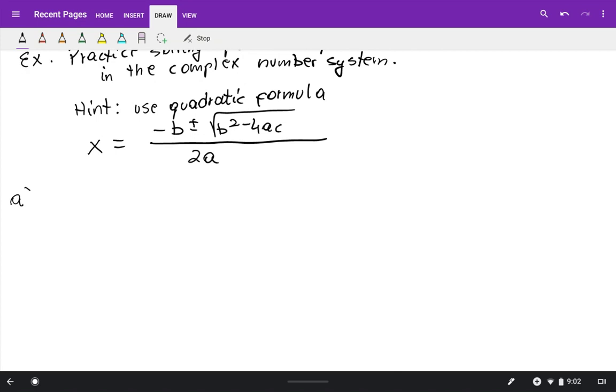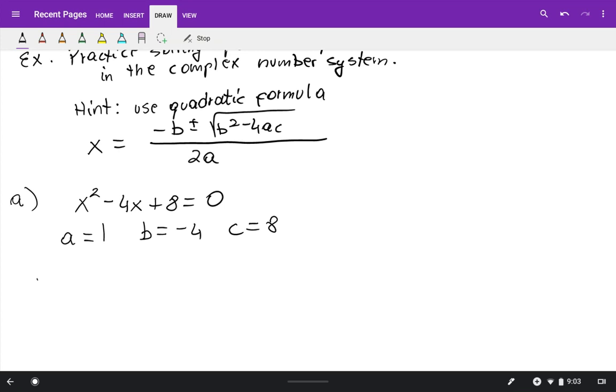The first one is x squared minus 4x plus 8 equals 0. A is the coefficient in front of x squared, which is 1. B is the coefficient in front of x, which is negative 4. C is always the number which stands by itself.